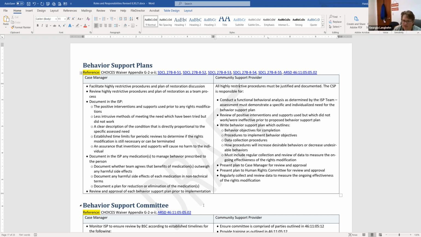I know that there are additional things that aren't restrictive, but don't they have to include all restrictions, say for food that's not highly restrictive? My understanding is behavior support plans do not have to include all rights restrictions. The ones that fall into the other rights restriction categories are not required to be in behavior support plans.